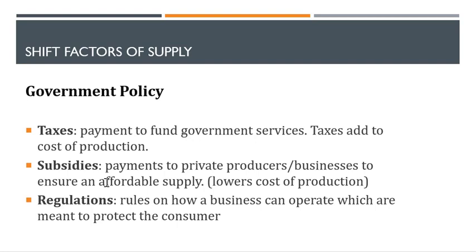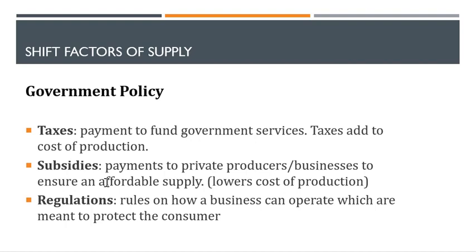Subsidy is the opposite of tax, which is a payment from the government to private producers, in most cases to ensure an affordable supply. So this is basically the opposite of tax, and it lowers the cost of production.